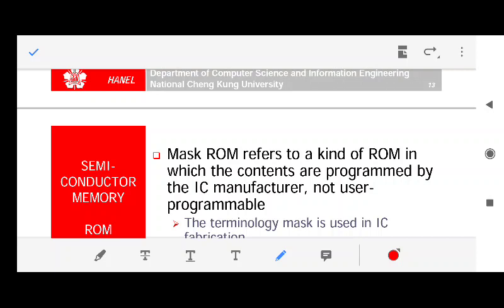In contrast with RAM, ROM needs to be written just once and it can be read any number of times. Fine. So how you write that particular code in the ROM defines the different types of ROM.